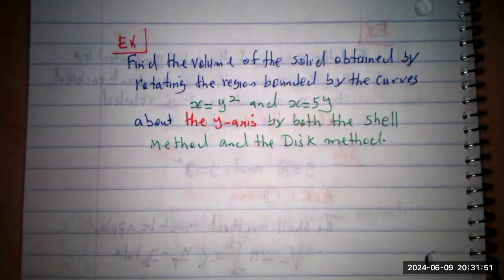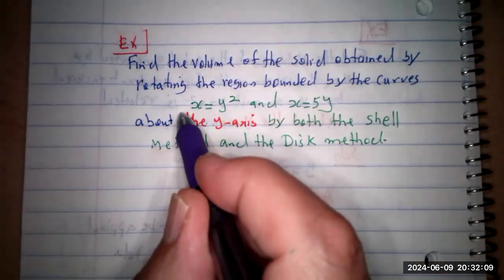So we want to test this one. As I mentioned, one method is the natural one that we have to use. Check to see which method is possible as is. Look at the axis of revolution.